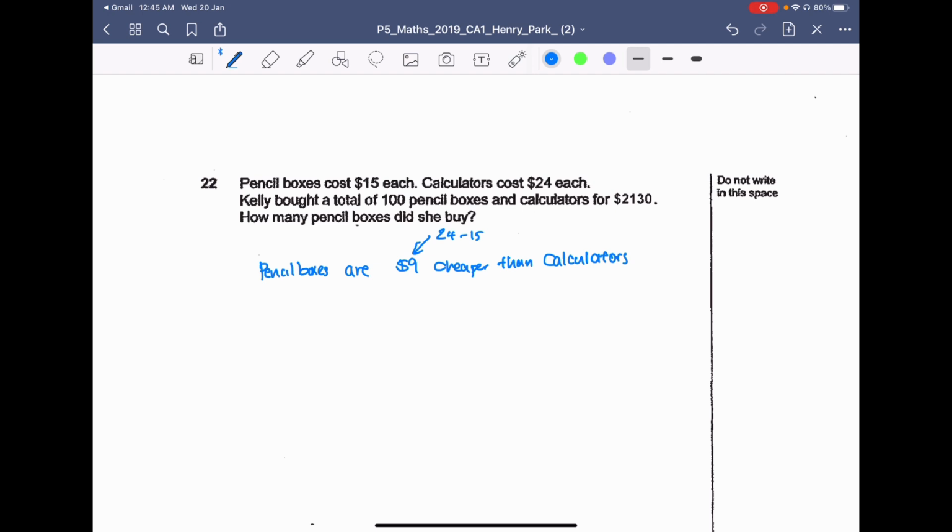So the total number of pencil boxes and calculators is 100, and that is fixed. Meaning to say, if you add one pencil box, you have to minus one calculator.